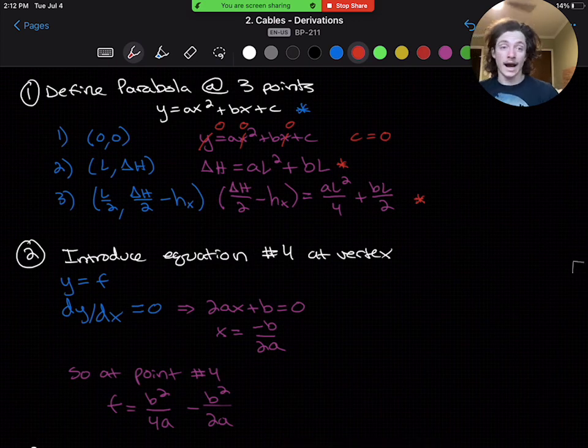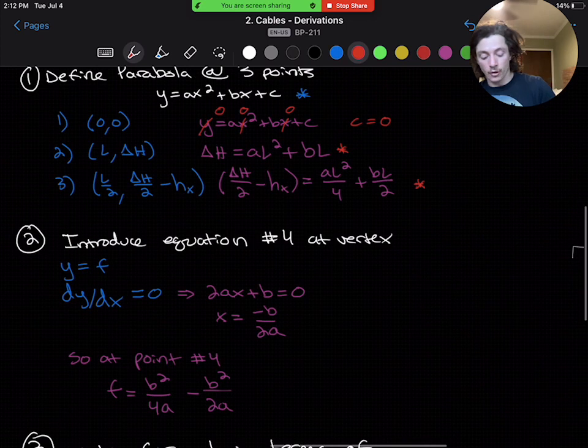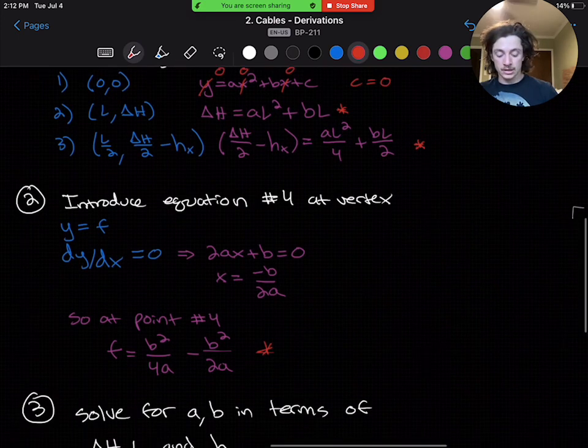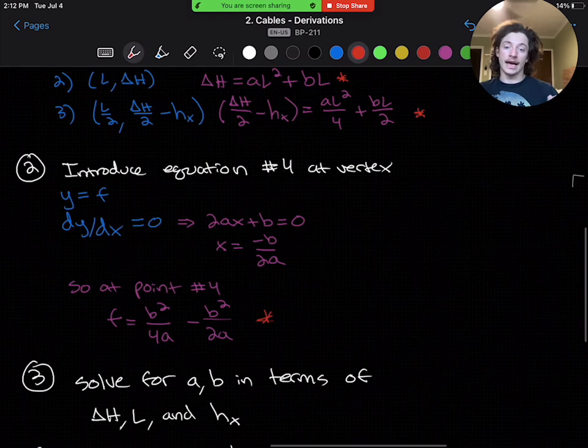Sorry, we'll solve for x in terms of a and b. We'll plug that back in at the low point, and at point number 4, we get this equation defining a parabola. Now, finally, we can solve for a and b in terms of delta H, L, and H sub x. Then we'll plug this into the equations from above and simplify with algebra to get f.